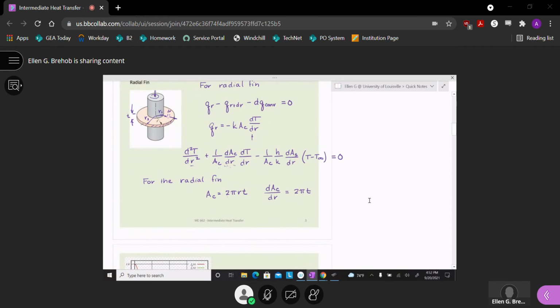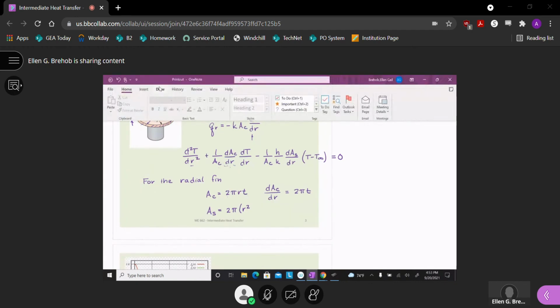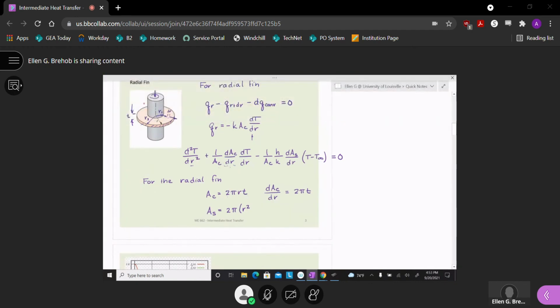One more thing to look at, we have a surface area over here. Let's use a different color too. All right, this is looking bad, but that red is my surface area that I have convection occurring on.